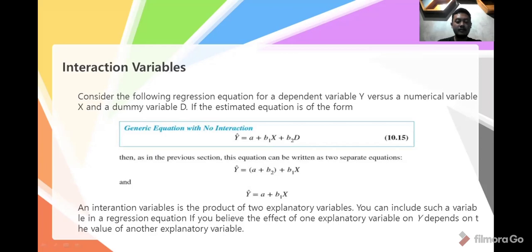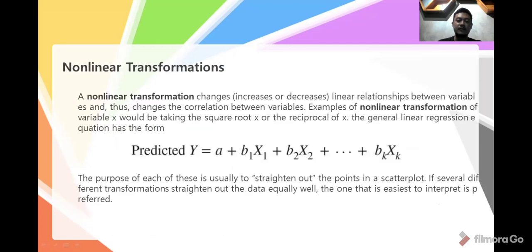An interaction variable is the product of two explanatory variables. You can include such a variable in a regression equation if you believe the effect of one explanatory variable on y depends on the value of another explanatory variable.